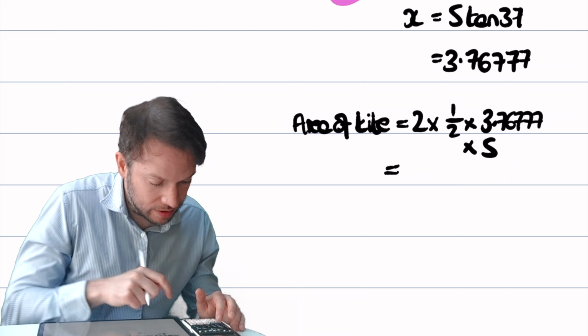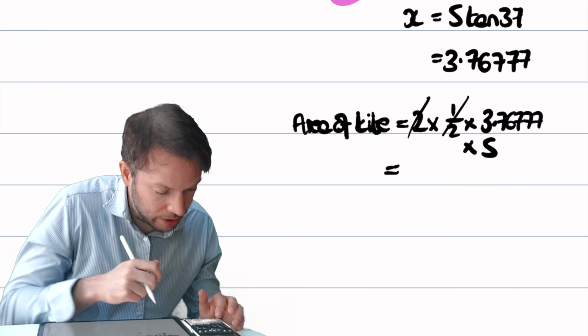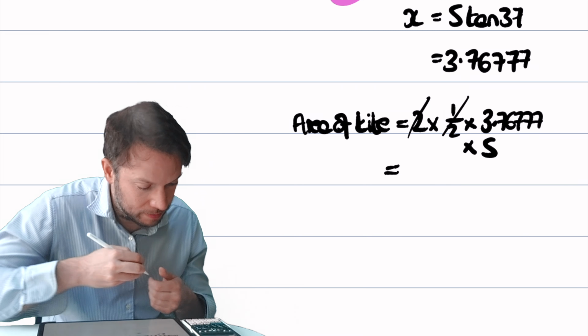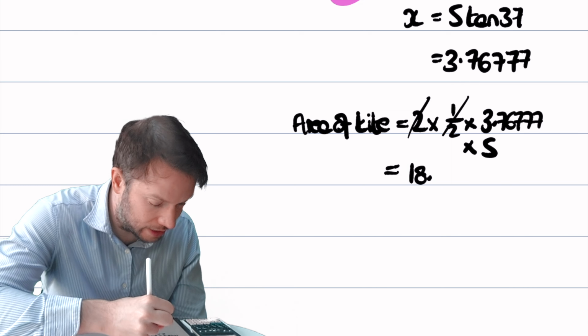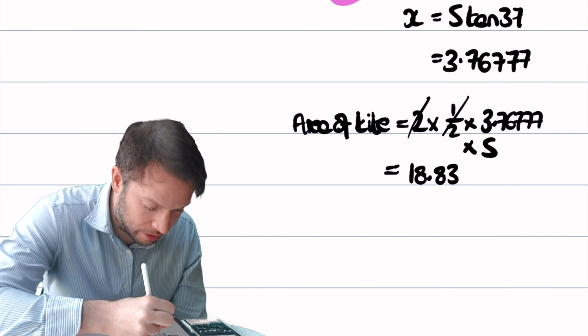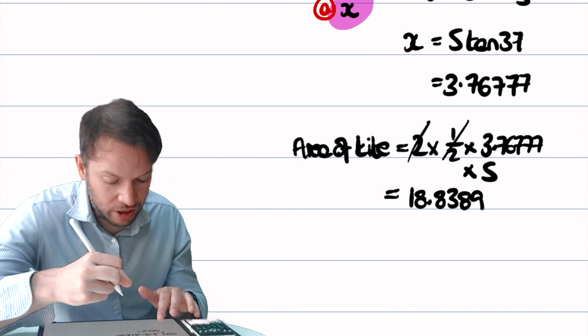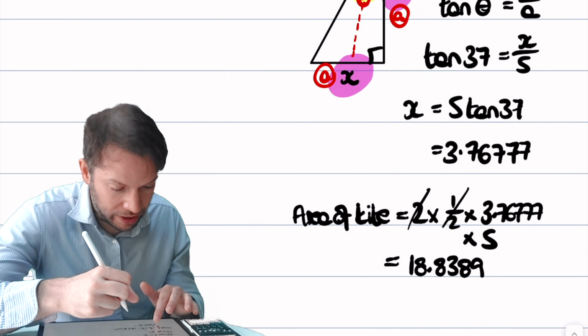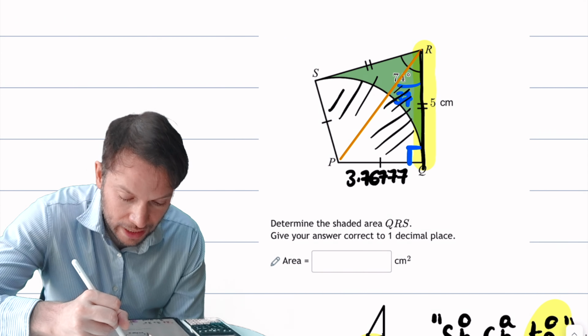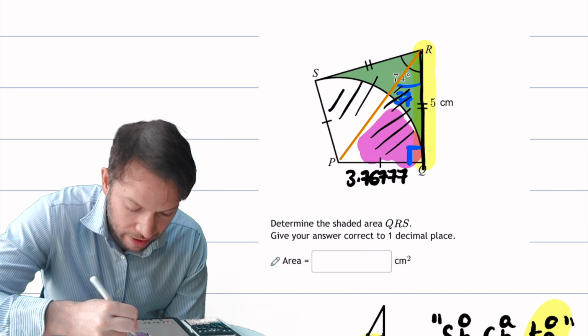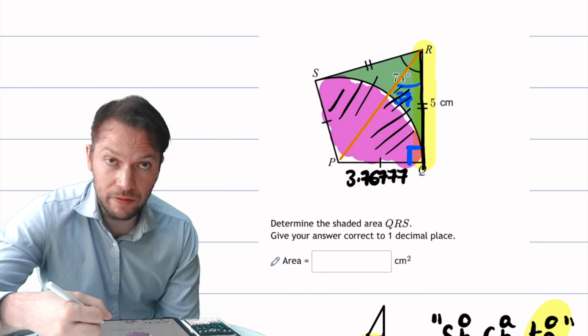And if we do that, the 2 and the half just cancel each other out anyway. We're going to get 18.8389. Okay, so the total area is 18.8389. And now we need to subtract this sector area from the kite to leave the green area.